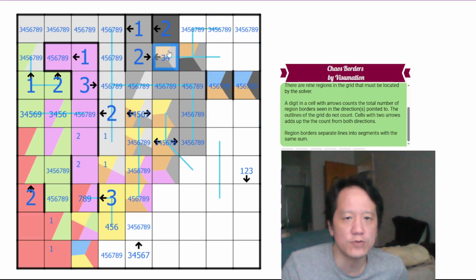We have to have some sort of region border between medium and whatever's here. And then we must have another one here. Okay, where can the region border here? Can it be here, is the question.